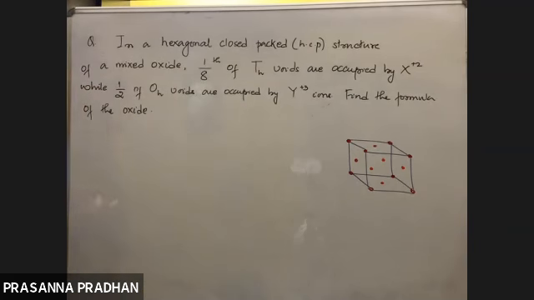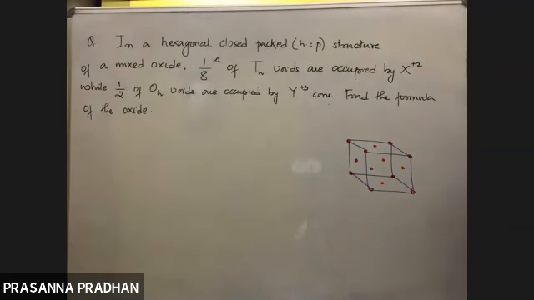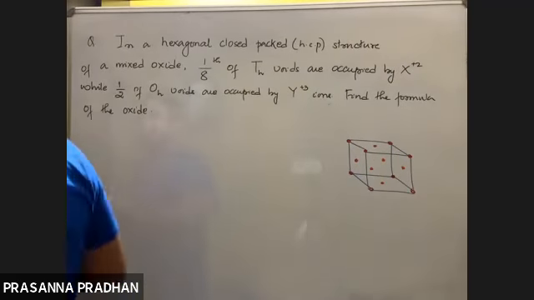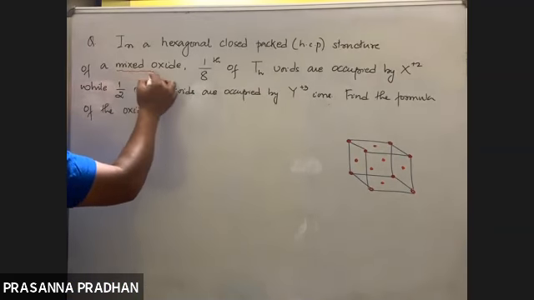अब यहाँ पर बोला है in a closed packed structure of a mixed oxide. Mixed oxide मतलब compound में oxygen present है. यहाँ पर mixed oxide बोला है. 99% students यहीं पर confuse होते हैं, ठीक है.